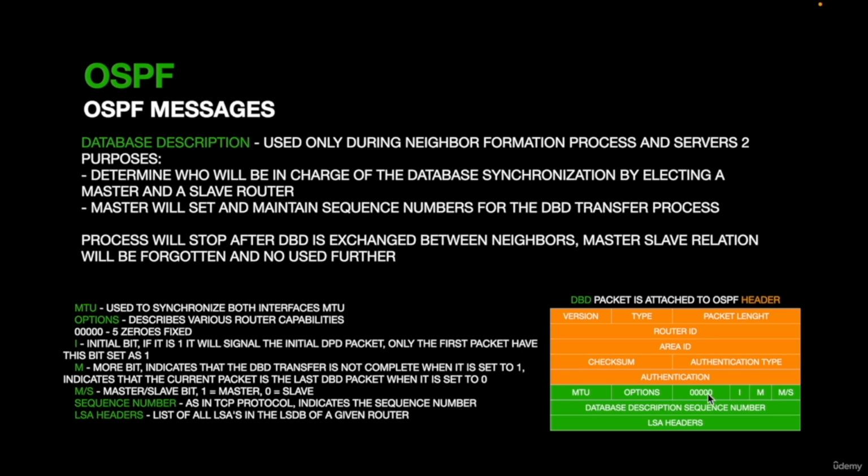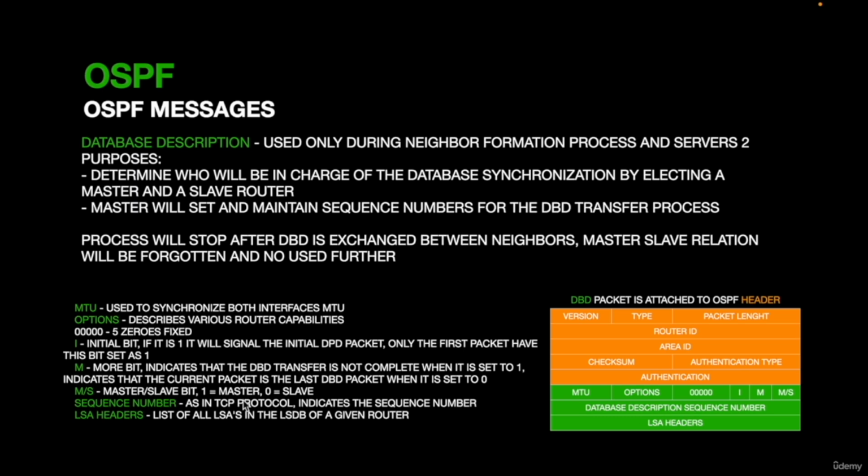We have this field here, which is always 0 and it is fixed. We also have the I field, which is called the initial bit, and if this field has a value of 1, it will signal the initial DBD packet, and only the first packet will have this I bit set to 1. The rest will have a value of 0.